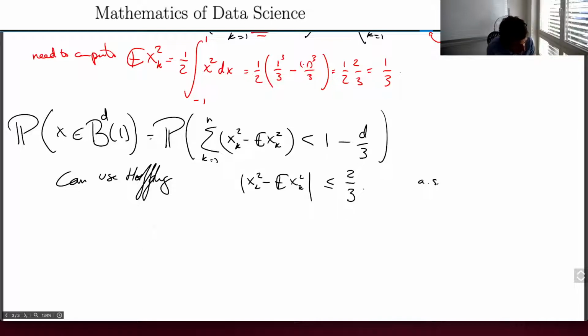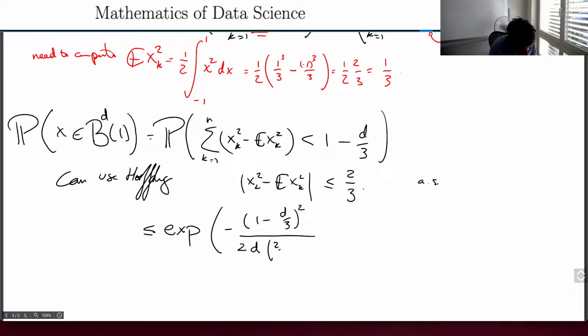So Hoeffding says it is smaller or equal than the exponential of minus t squared, where t is 1 over d cubed squared, over 2 times n, which is d, times the range squared, 2/3 squared. Now let's just stare at this expression for a second. When I open this square, I'm going to get a constant term, a term in d, and a term in d squared.